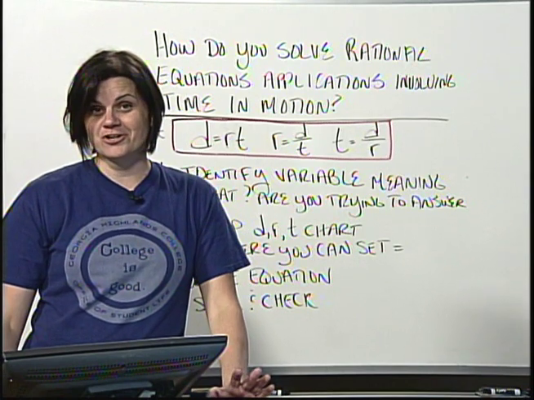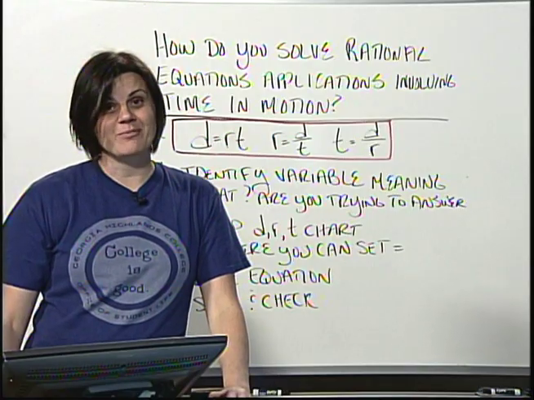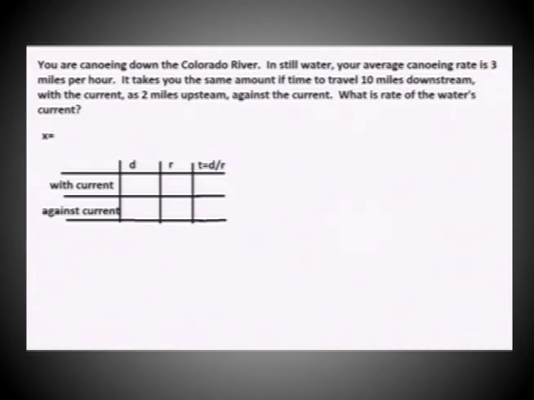So let's take a look at this application problem. All right, so you're canoeing down the Colorado River. Sounds nice. In still water, so this is not on the river, but in still water, your average canoeing rate is 3 miles per hour.